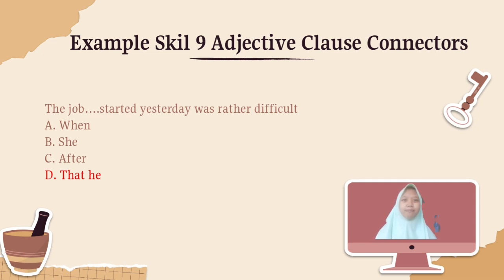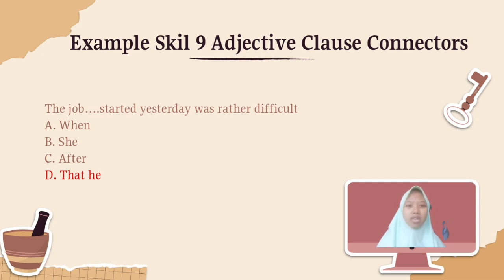Let's discuss. First, we have to find the subject and verb. The subject is the job and the verb is started. From the result of the analysis, we find that it takes a connector and a subject from the second sentence in the middle of the first sentence. Next, analyzing the answers.